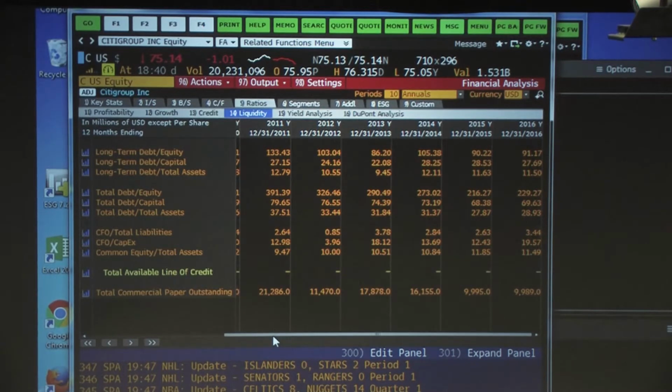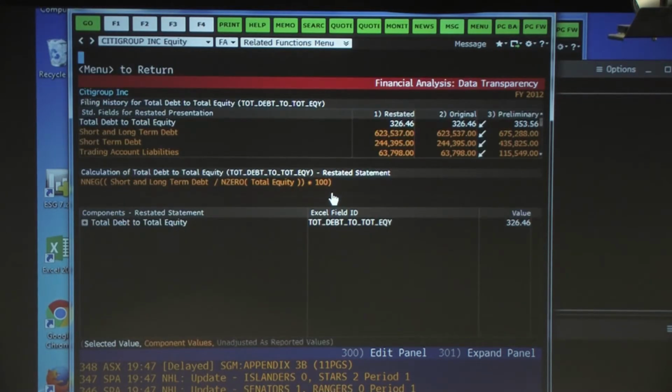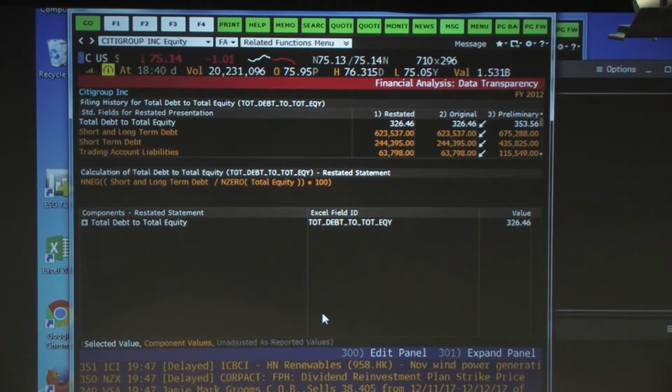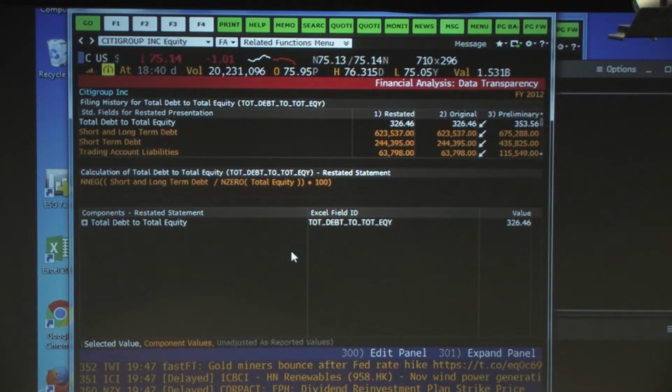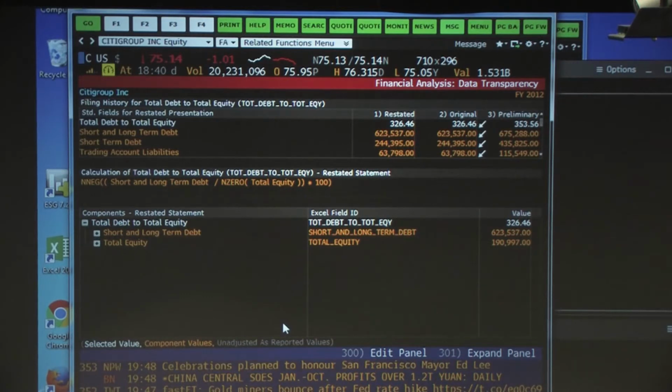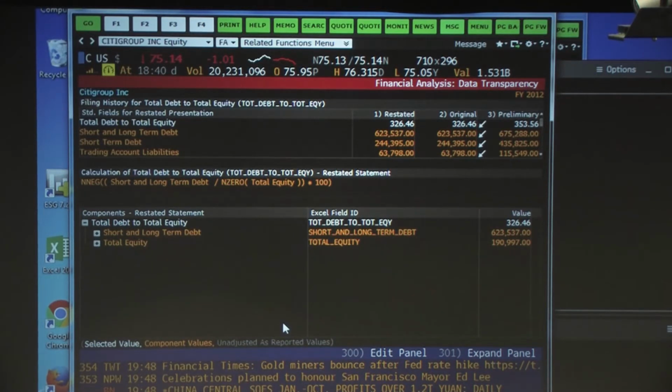Similar to the last point, if we click on one of these numbers, like the debt to equity for 2012, we can find the way Bloomberg calculates this. It shows that Bloomberg adds the short and long-term debt and divides that by the total equity. If you click on the formula, you can see the 2 numbers Bloomberg used.